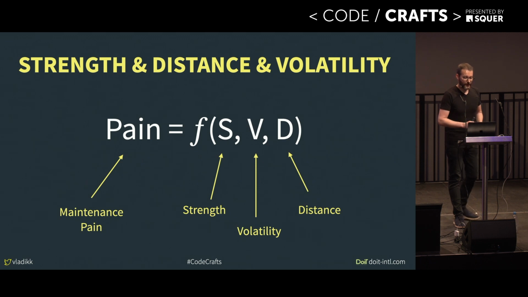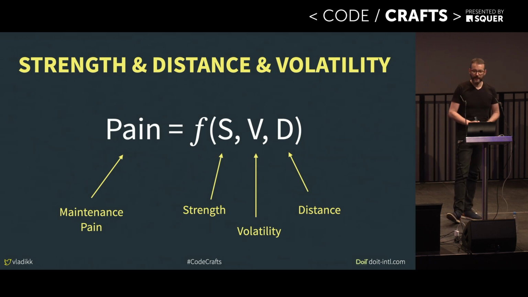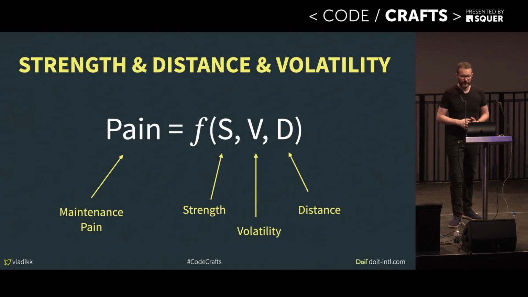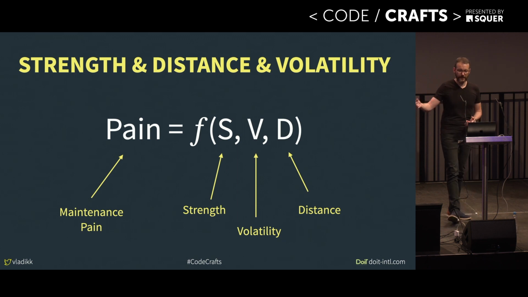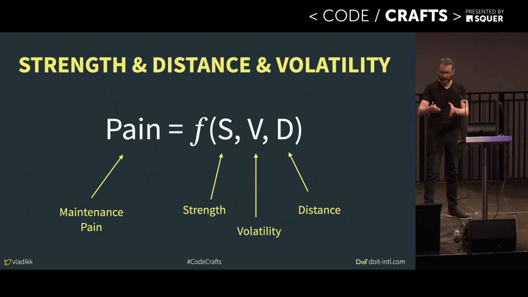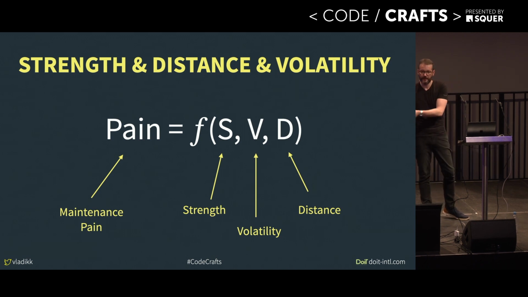Now, the most interesting thing is going to happen if we're going to combine the three of them. And that allows us to evaluate the maintenance pain. So let's say you have two components that are referencing each other. You know the integration strength, the distance, and the volatility.